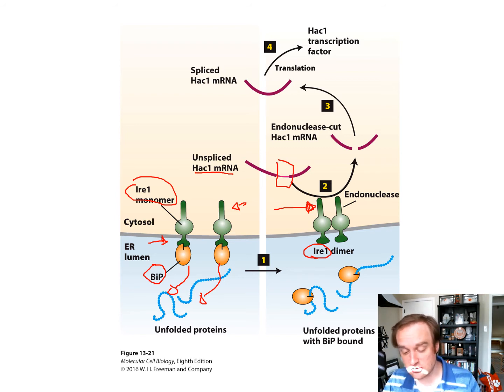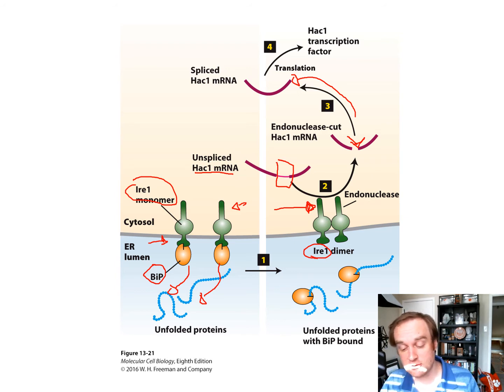And this endonuclease activity splices out that intron when it senses it needs more BiP. After that, the two exons of this HAC1 splice together, and from there they become a fully spliced, correctly processed HAC1 mRNA, which then gets translated into a protein because we're already in the cytosol.